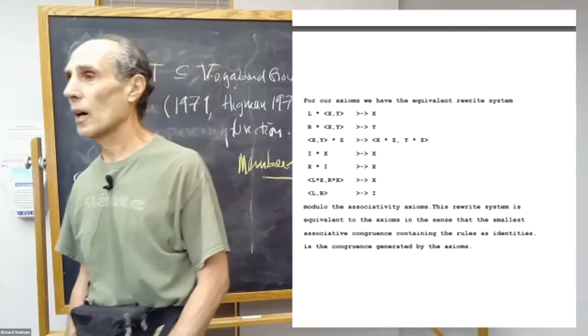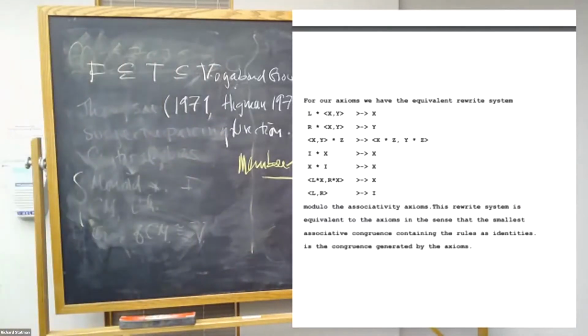And these rewrites say the following. The first two simply say that projection is projection. And we have the distributed rewrite. 2 rewrites for the identity because of the way in which, well, this may be familiar from the theory of monoids, but the left identity behaves a little bit differently from the right identity, so they need to be separated.